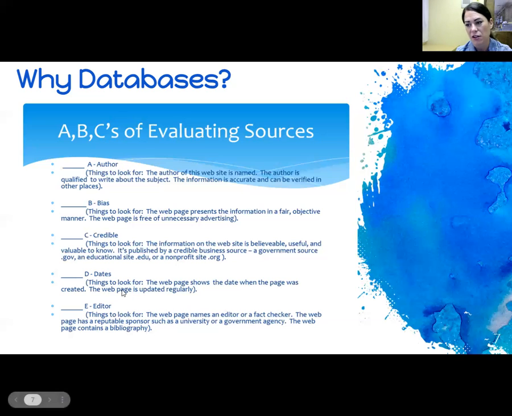The D stands for, can you find a date? The E stands for, has someone actually edited or proofread the information before that author was able to publish it online? And I used to tell my English students when I taught English, you have to be able to say yes to at least 3 out of these 5 things to use a web article for academic research, okay?